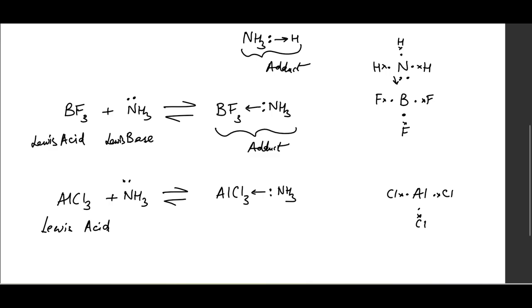So that is how we get this adduct: an electron-pair-deficient substance reacts with a substance having an extra pair of electrons. This is called a coordinate covalent bond. So it's an adduct. Therefore, in this case again, AlCl3 is a Lewis acid because it takes the electron pair, and ammonia is a Lewis base because it donates the electron pair for sharing. Okay, so this is the Lewis concept of acids and bases.